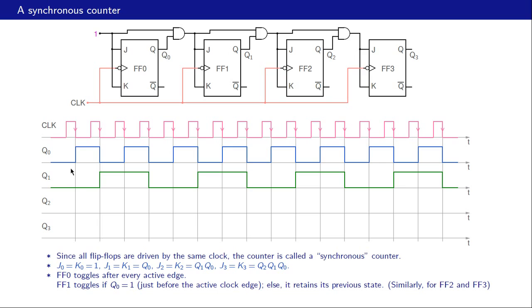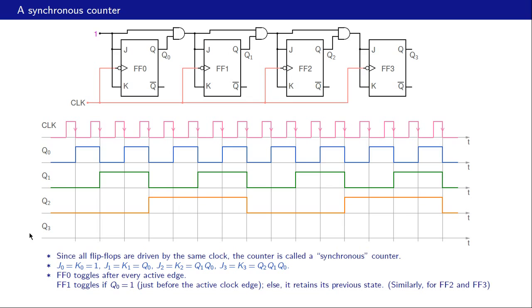At this point, just before the first edge, Q1 Q0 is 0, so no change. At this point, again Q1 Q0 is 0, so no change. At this point, Q1 Q0 continues to be 0, no change. At this point, Q1 is 1, Q0 is also 1, so Q1 Q0 is now equal to 1, and therefore Q2 is going to toggle over here. So this way we can continue and figure out what's going to happen to Q2, and this is the result.